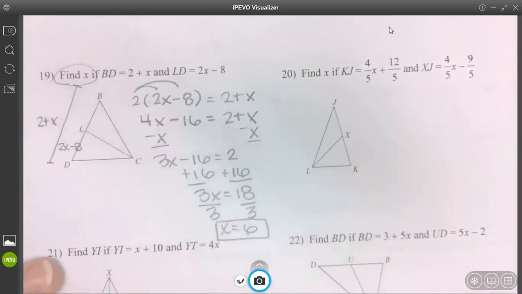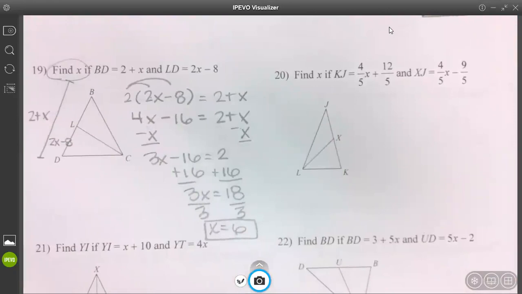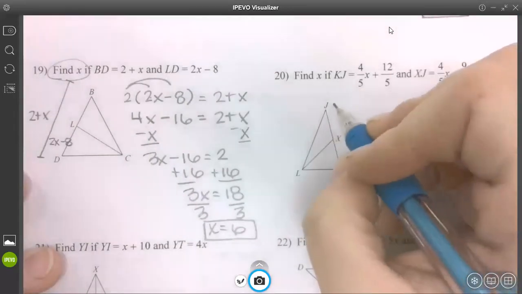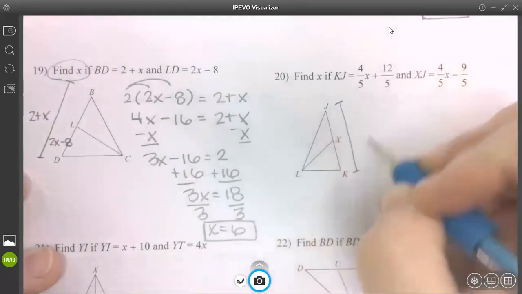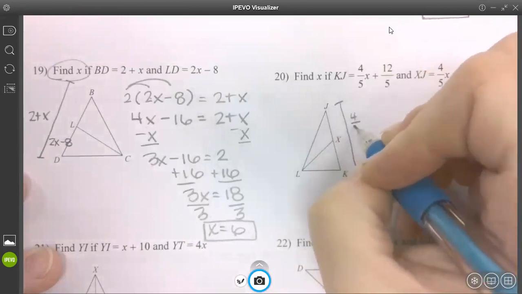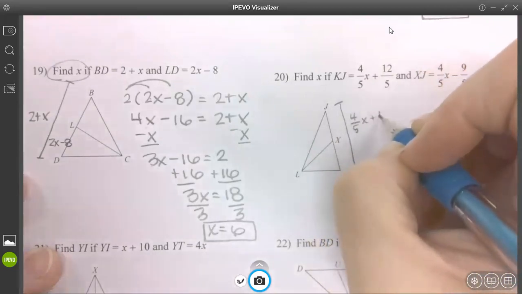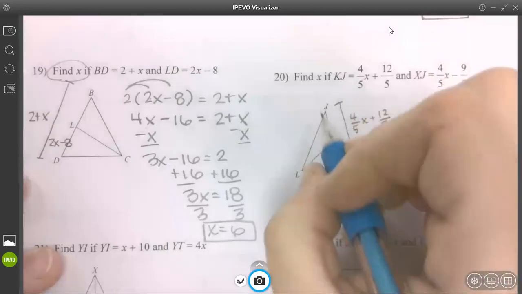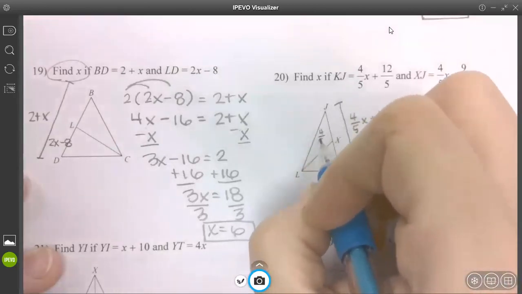All right, 20 looks complicated because it's got all those fives and those fractions. But remember, we can also use our calculator, but it also multiplies itself out. So you'll see that in just a minute. KJ is the full length of the line. It is 4/5 x plus 12/5. And then we have XJ, which is part of the line.